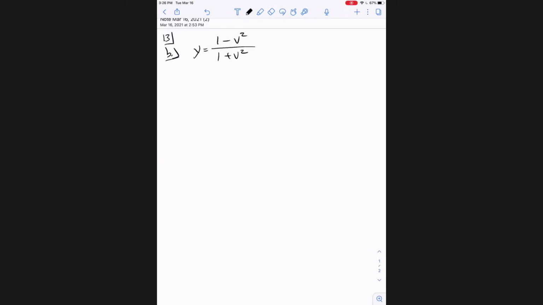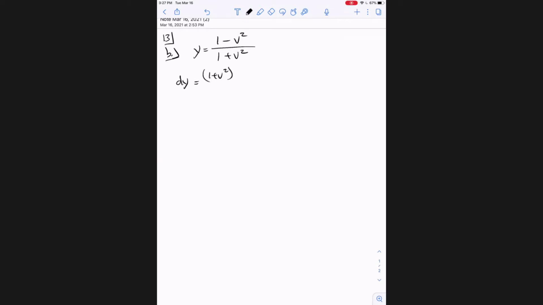Yeah. Y equals 1 minus b squared divided by 1 plus b squared. So take the differential. So basically, you have to find the derivative. Once you find the derivative, you just go times dx, and that will be the differential. So you have to use the quotient rule formula here. Bottom times the derivative of the top.